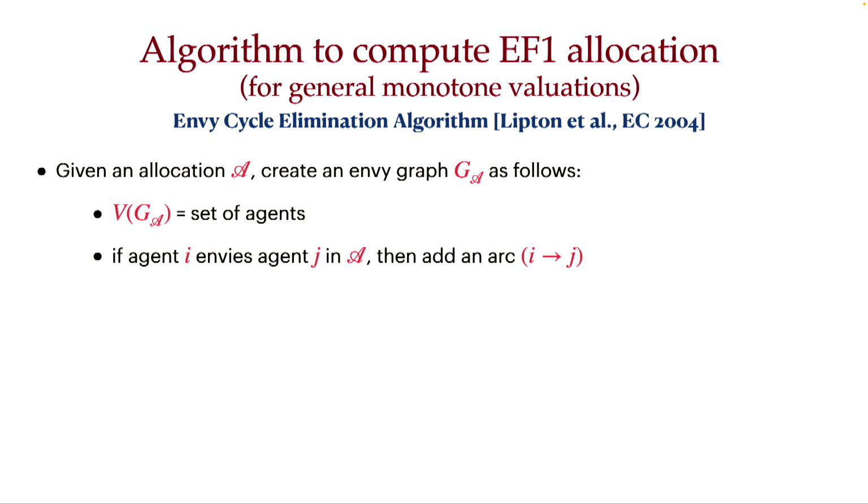Is the construction of the envy graph clear? The envy graph is always defined with respect to an allocation, which need not be a complete allocation. Whatever partial allocation I have, I will construct this graph. The vertex set of this graph is all the agents. If an agent i envies agent j, then we have an arc from i to j.